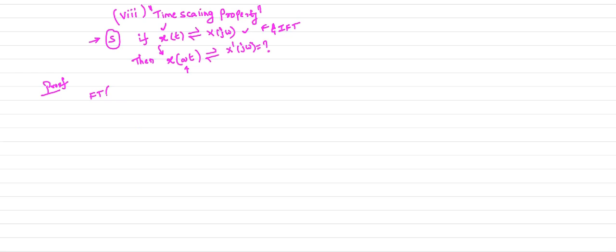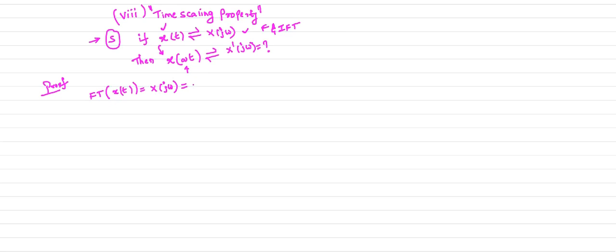We already know the Fourier transform of x of t. What is the Fourier transform of x of t? It is x of j omega. Every proof depends on this formula only. That's why I told you in the introduction part of the Fourier transform two formulas, Fourier transform and inverse Fourier transform. Those two formulas you should remember.